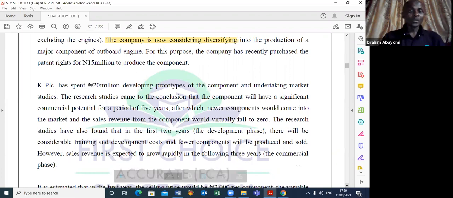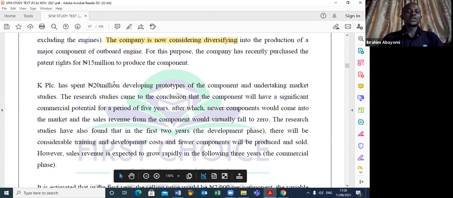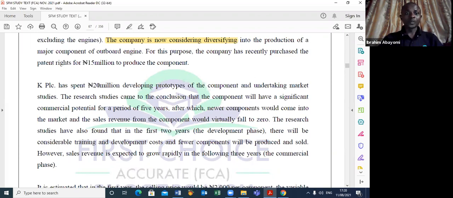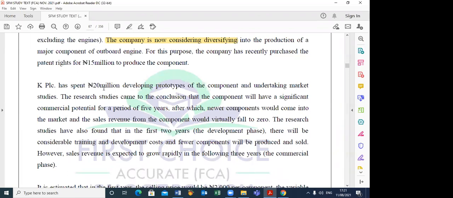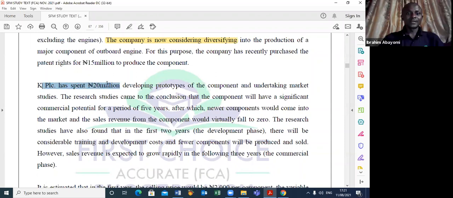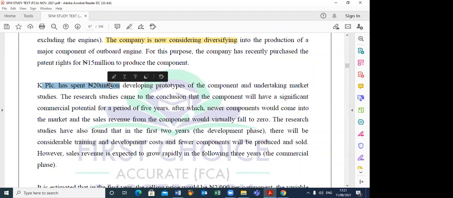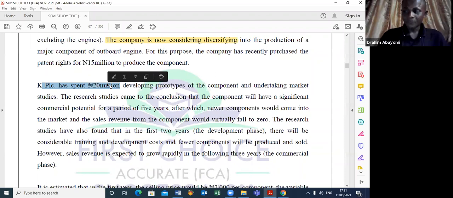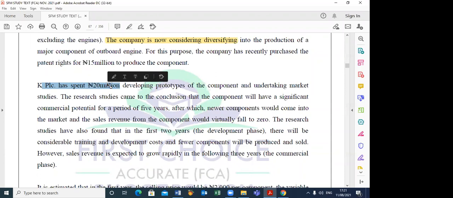Now look at this. How do we classify this research? This is research and development called market studies. Now, this 20 million that has been spent, how do we classify it? Relevant or irrelevant? Mrs. Angela, you should answer this. Irrelevant.